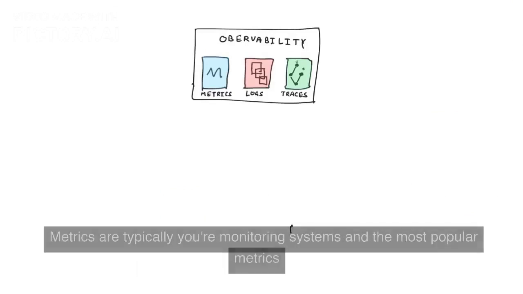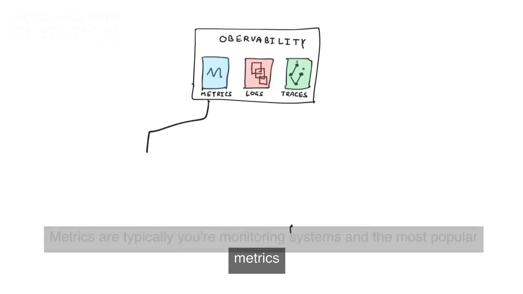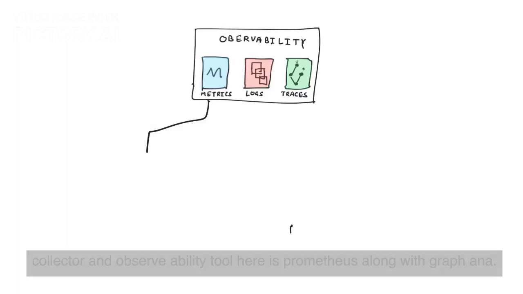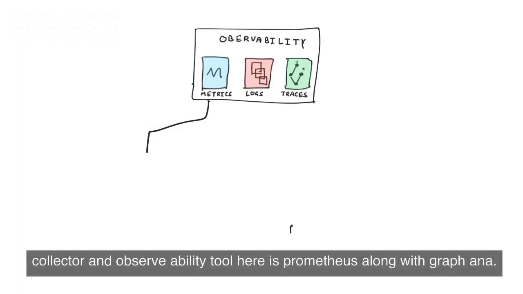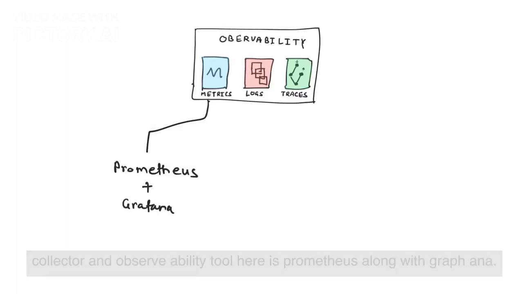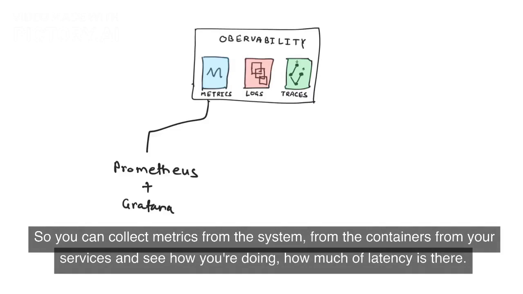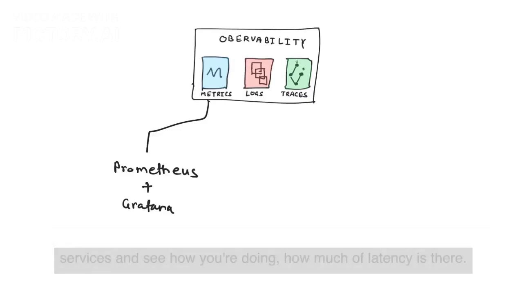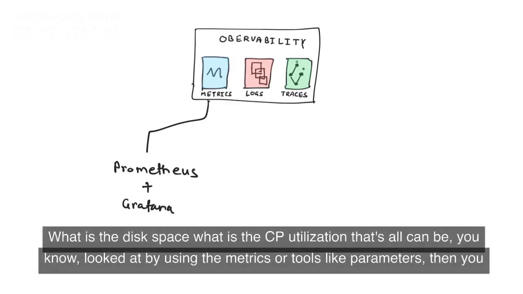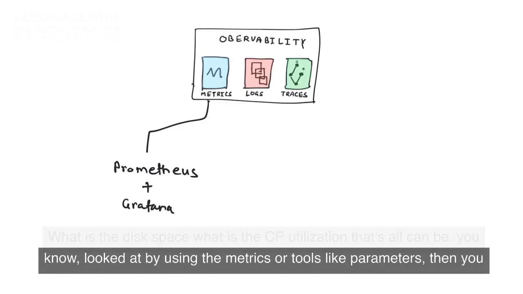Metrics are typically your monitoring systems, and the most popular metrics collector and observability tool here is Prometheus along with Grafana. You can collect metrics from the system, from the containers, from your services, and see how much latency there is, what the disk space is, what the CPU utilization is. That can all be looked at by using metrics tools like Prometheus.